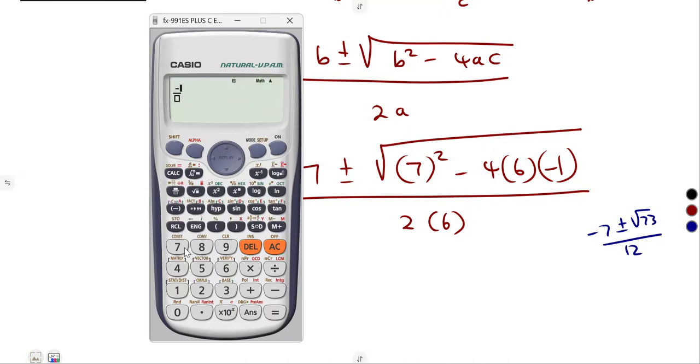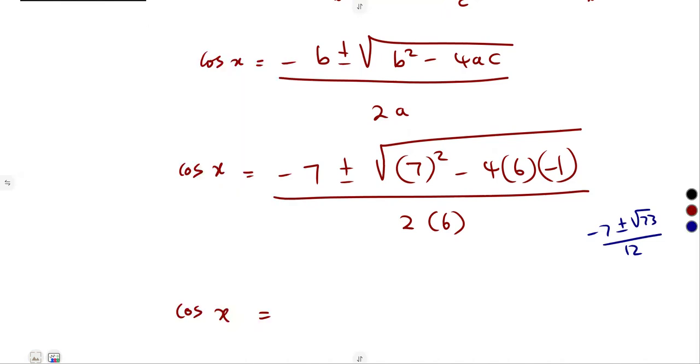Negative 7 plus the square root of 73, everything over 12. This is going to give us 0.12 and so on.